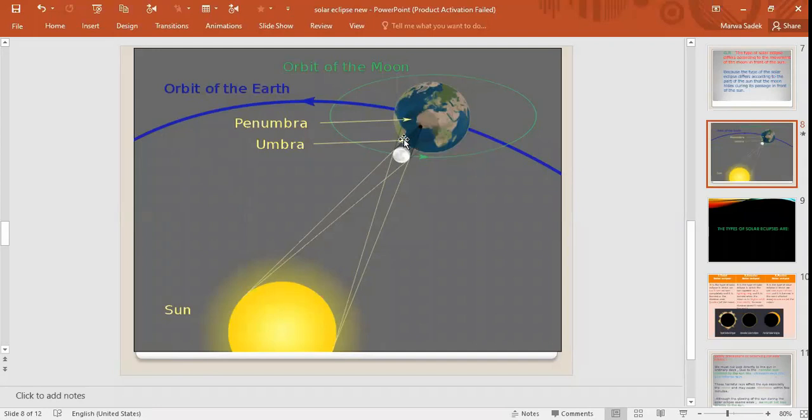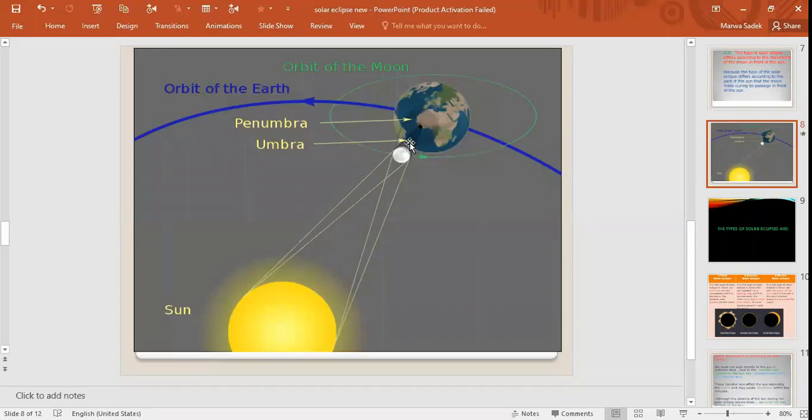What about this part? What will happen if I live here, in the penumbra, the semi-shadow area of the moon? The partial solar eclipse will be formed. So here, total solar eclipse. Here, partial solar eclipse.